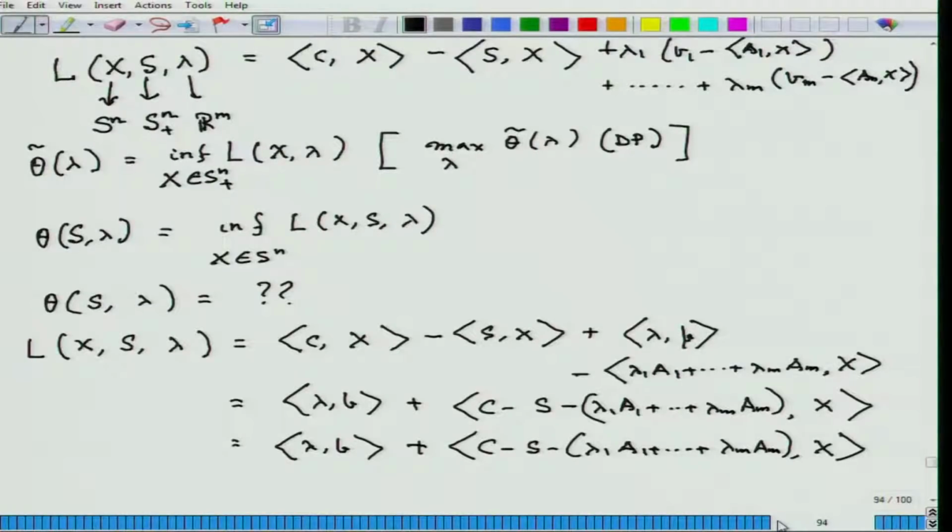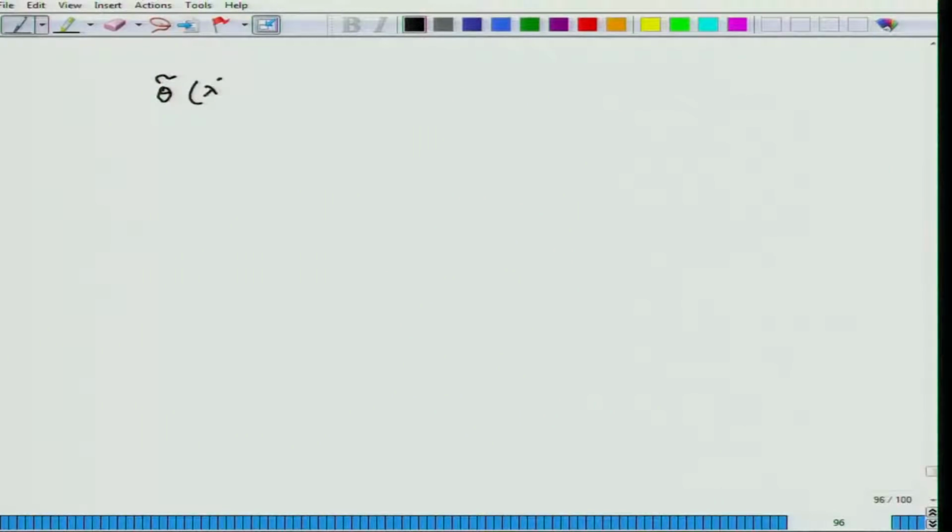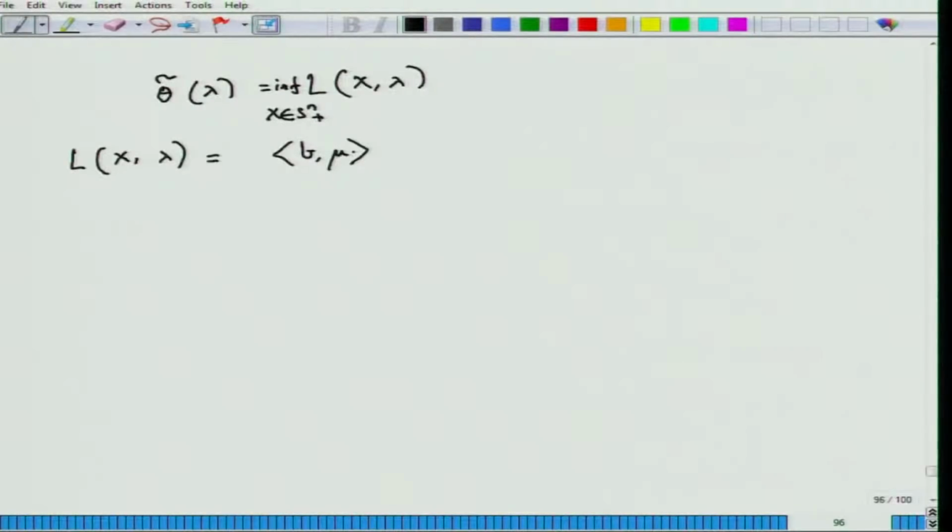If I take x as an element of Sn plus, let us see what would happen. In this case it can be written as b into lambda, lambda b.